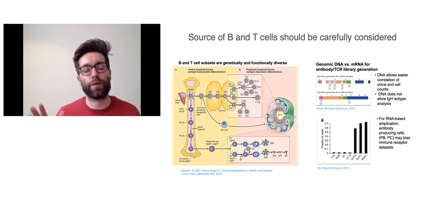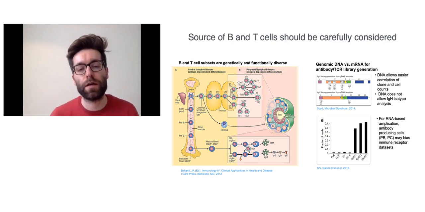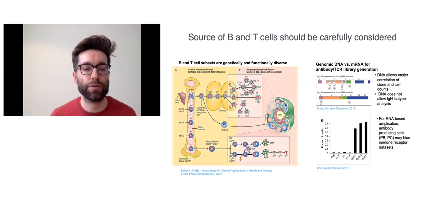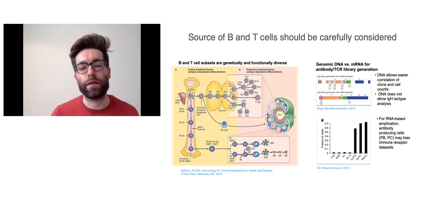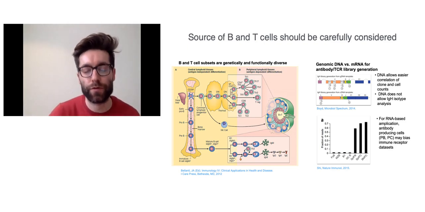Of course, you could have sorted before based on isotype, but you cannot resolve the isotype via sequencing because of the splicing from going from DNA to RNA. So all of these small things are important to take into account. Also, for example, plasma cells have more RNA than naive B cells. So if you mix them together, the plasma cells might be overrepresented in your data set. So all of these small things one should think about.